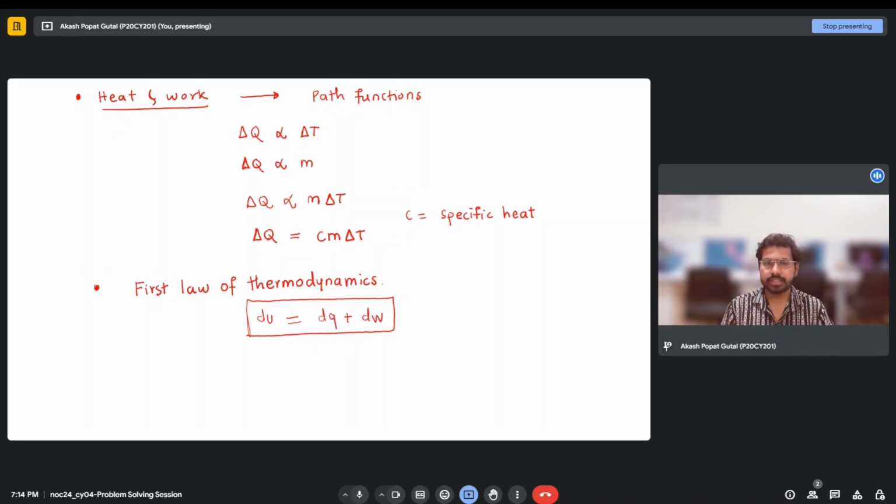We have introduced the specific heat, and then we have introduced the first law of thermodynamics. Specific heat only we have introduced, not specific heat at constant volume and pressure, but the general specific heat.